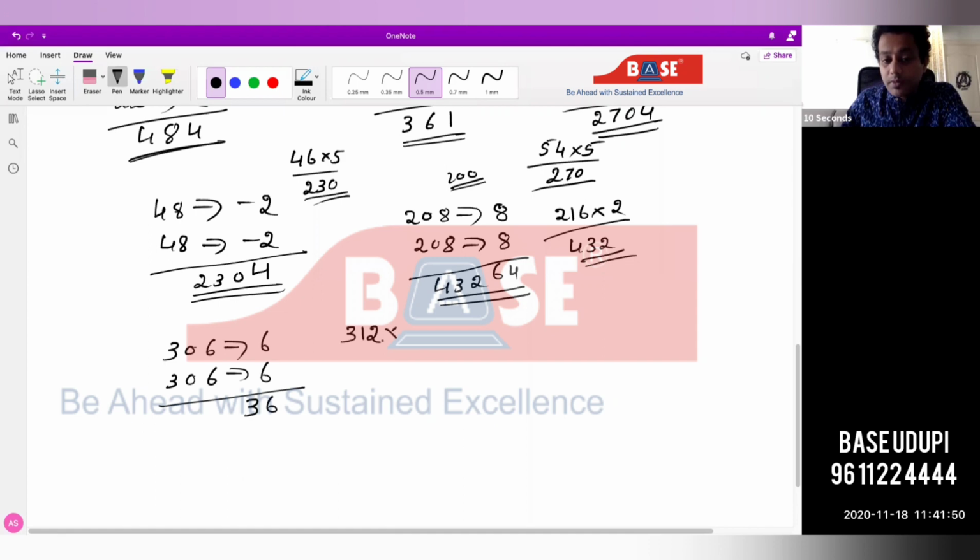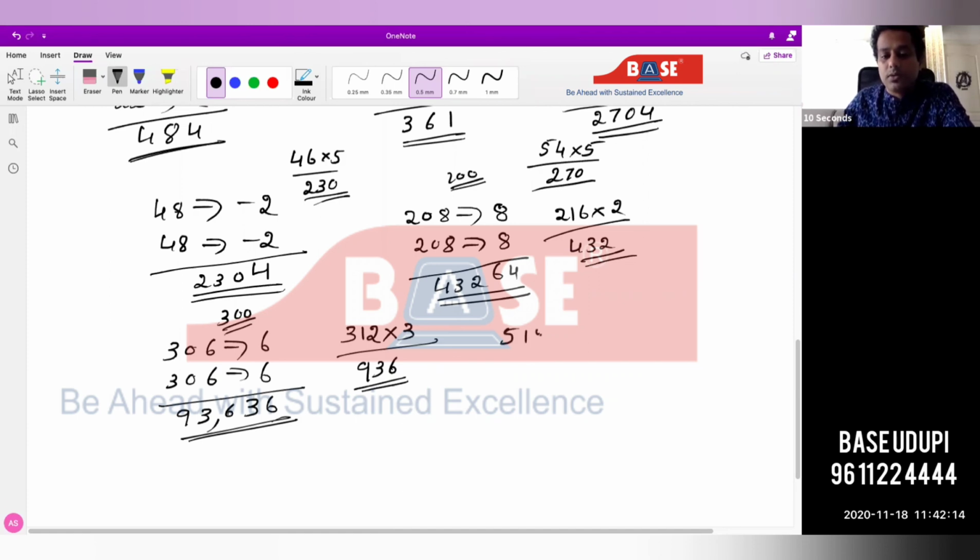Multiply by what? 300 is the base. Remember, you have to multiply by 3 exactly. So it becomes 936. So 93636 it is.